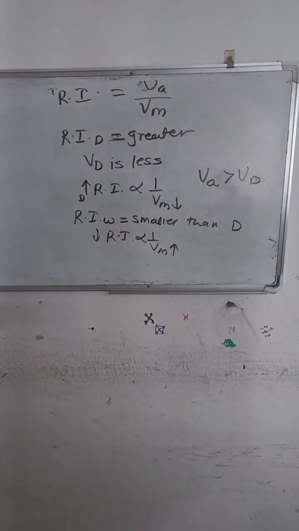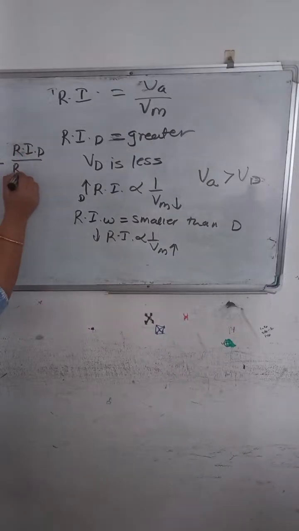Now second bit: what is the refractive index of diamond with respect to water? With respect to water they are asking. So we can write it as the refractive index of diamond to the refractive index of water. This you have to write and find out the answer.